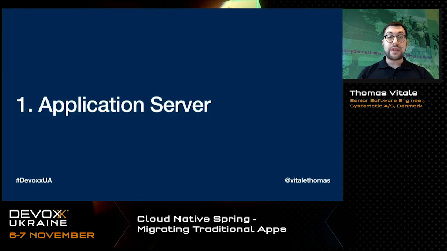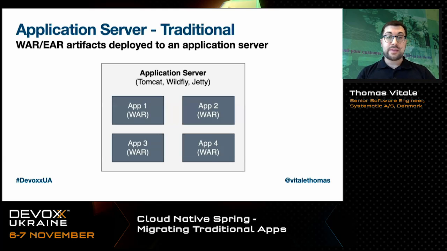A traditional application in Java is usually packaged as a WAR file and deployed to an application server like this. You might have even multiple applications. To reduce the maintenance cost of the application server, we might deploy different WAR files on the same one. And with this approach, we have two main aspects that we don't really like in a cloud setting.